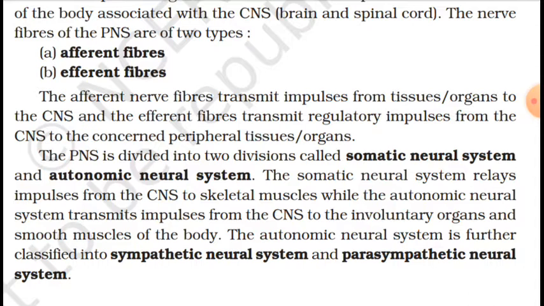The peripheral neural system, or PNS, is divided into two divisions. Which are these two divisions? First, the somatic neural system, and second, the autonomic neural system.